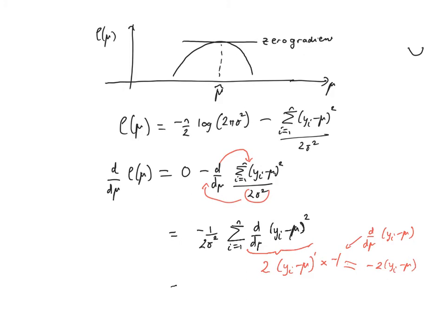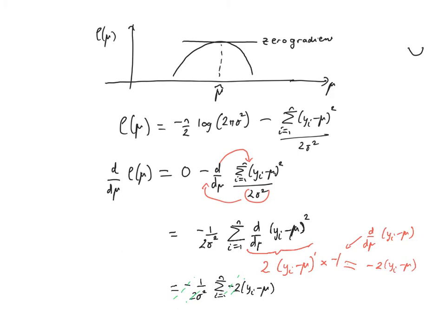Therefore the whole thing ends up equaling minus 1 over 2 sigma squared, the sum from i equals 1 to n of minus 2 (yi minus mu), and then we can do some cancellation. The minus signs cancel, and the 2 on the top and the bottom cancel.